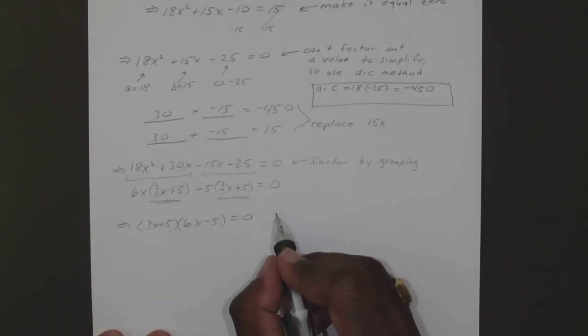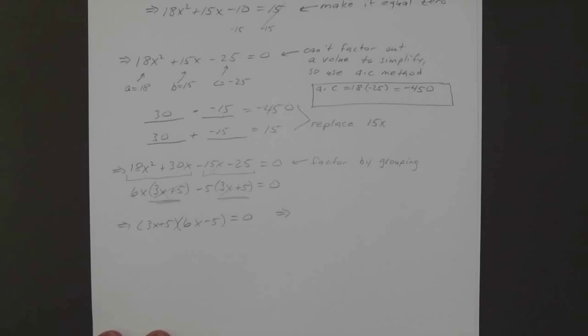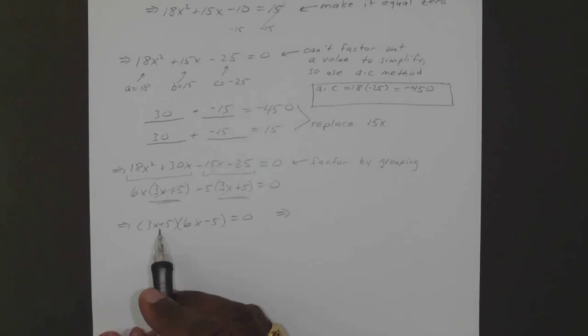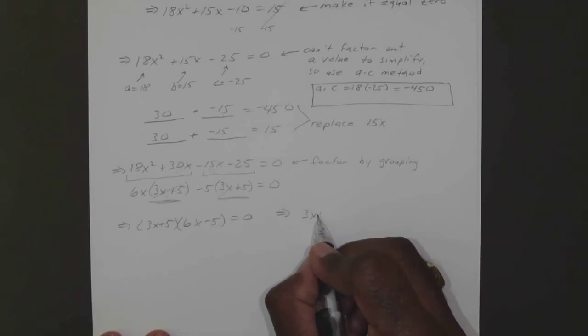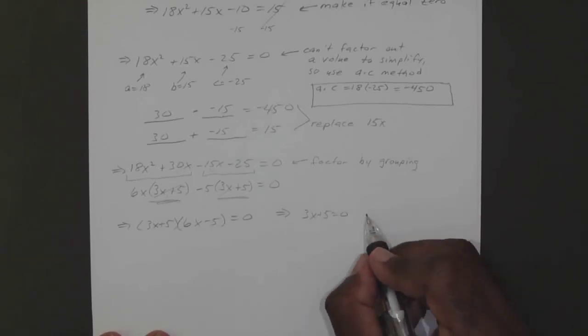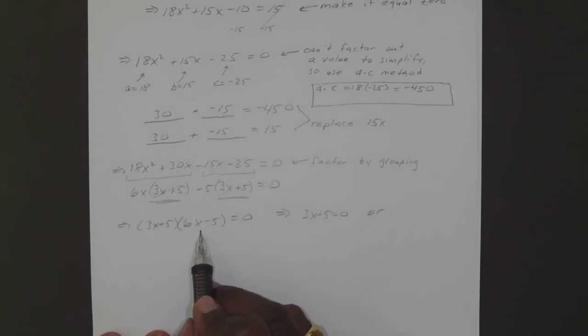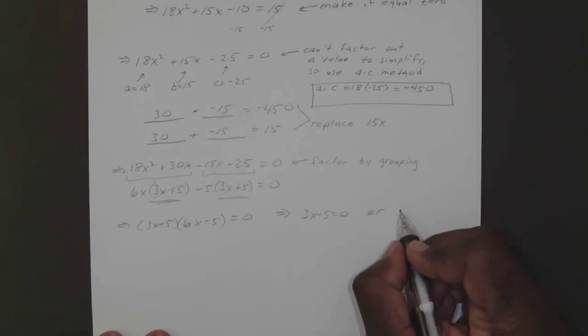Okay, so I'm just going to move it to the right. That means 3x plus 5 can equal 0, or 6x minus 5 can equal 0.